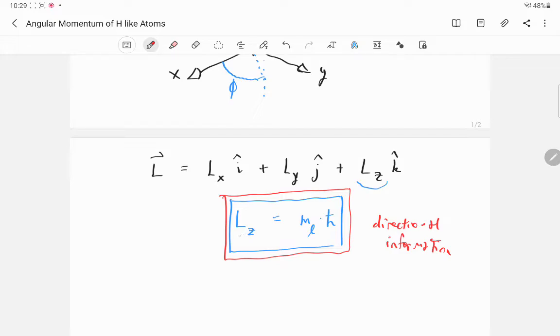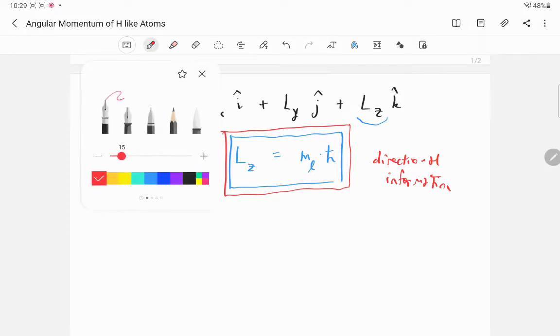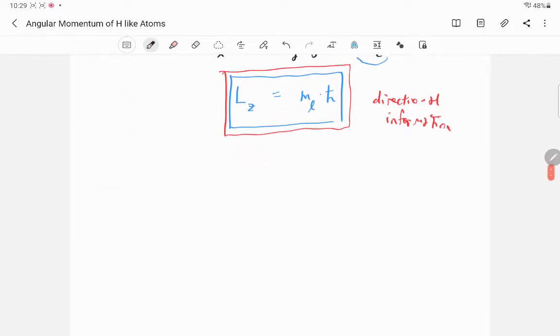So it tells me about the z component. Okay, so there's the z component of the angular momentum. So the idea behind quantum numbers, let me say something slightly generic.